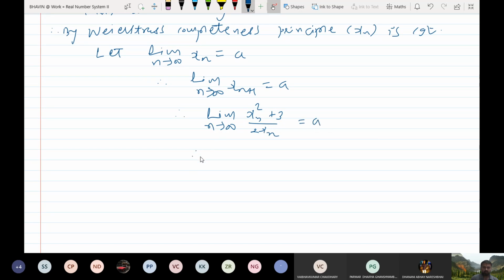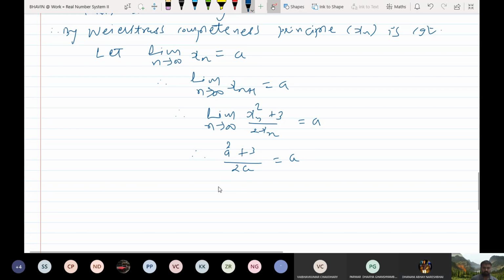Now again put this a, so that (a square plus 3) by 2a is equal to a. Do you understand, Abhay?